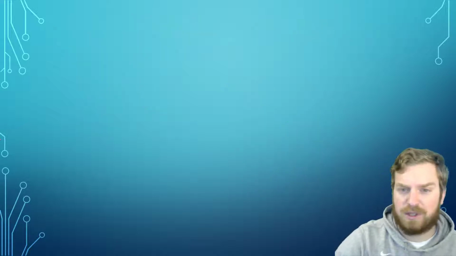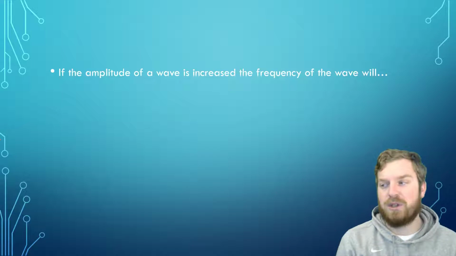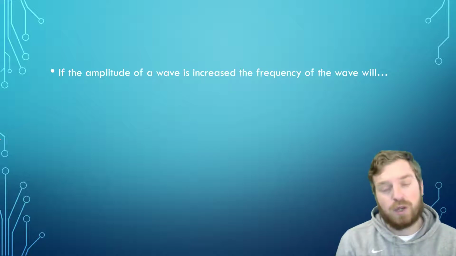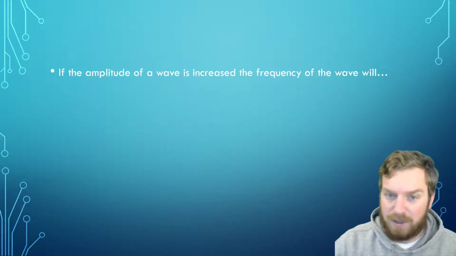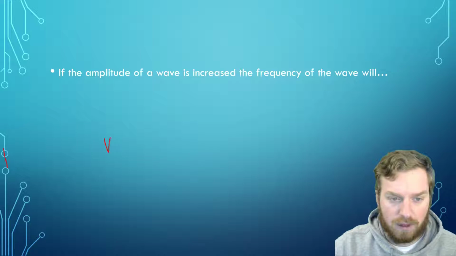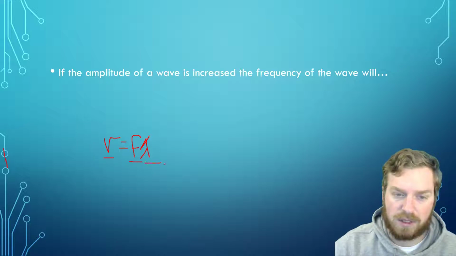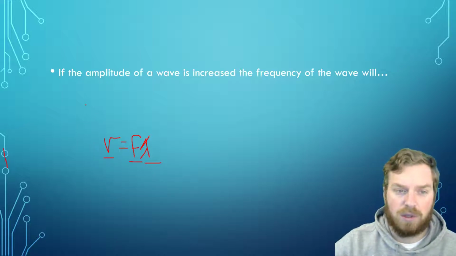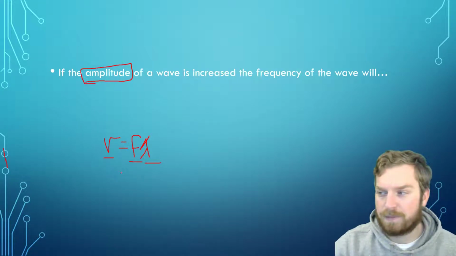Okay, next one is just a conceptual question, so no need to write. If the amplitude of a wave is increased, the frequency of the wave will blank. Once again, let's think about this equation: v is equal to f lambda, the speed of the wave is equal to the frequency times the wavelength. Well, we don't really care about this. The amplitude is nowhere in here, right?